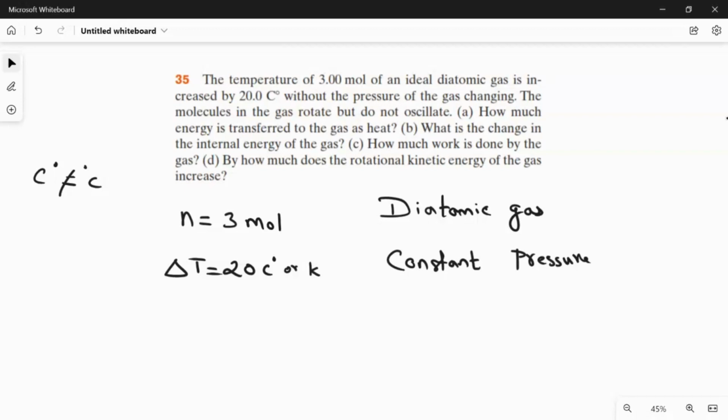The first question, we are going to find the heat transferred to the gas. First of all, we have to write the equation for the heat energy at constant pressure.